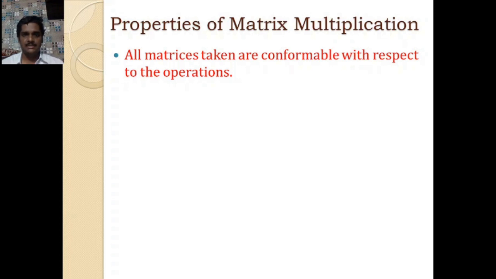What it means is, if you come across somewhere, let's say A plus B, then the matrices must be taken in such a way that this A plus B is defined. If somewhere you are coming across AB, then the matrices must be taken in such a way that this A into B is defined.